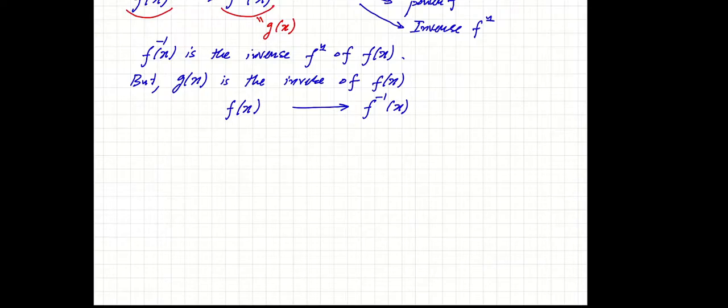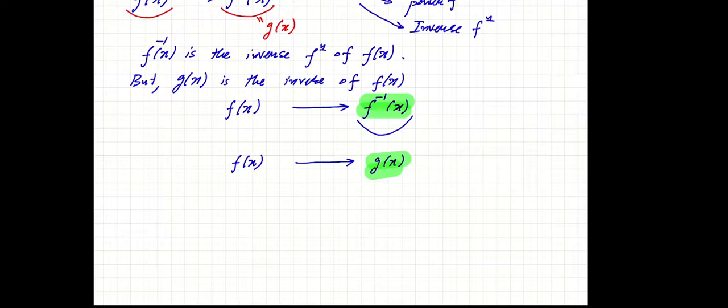But if you rename this to be g(x), now f inverse x becomes g(x). So if someone says, there can be a question in the exam, g(x) is the inverse function of f(x), then you have to understand that g(x) is nothing but f inverse x.